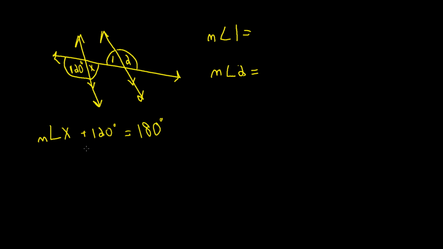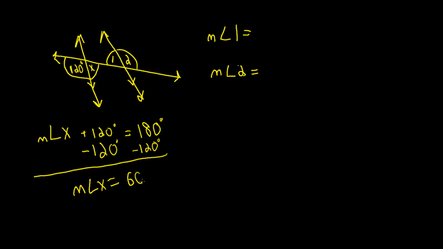All we have to do here to find angle x is just subtract 120 on both sides of our equation, and we'll find that the measure of angle x is equal to 60 degrees. So this angle right over here is 60 degrees.